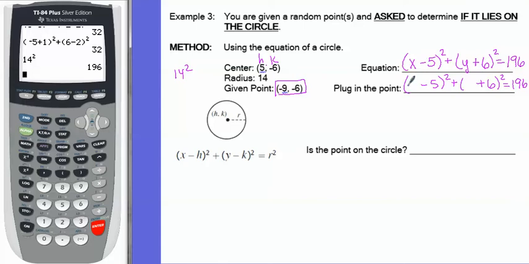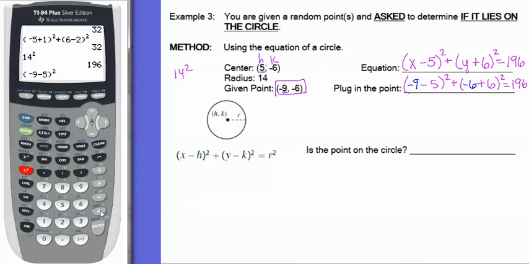I'm plugging in a -9 and a -6. So when I do that in my calculator, parenthesis, -9 minus 5, close parenthesis squared, plus parenthesis, -6 plus 6, close parenthesis, squared, equals 196.